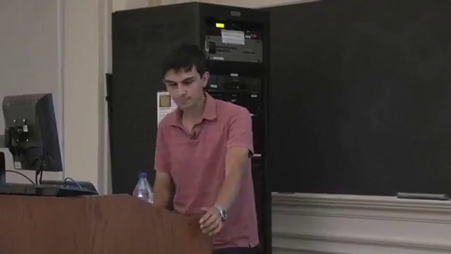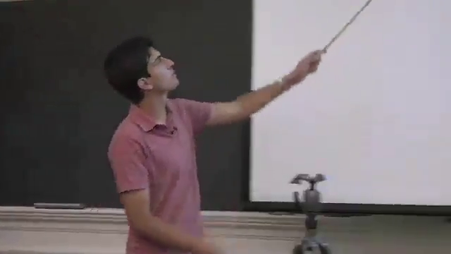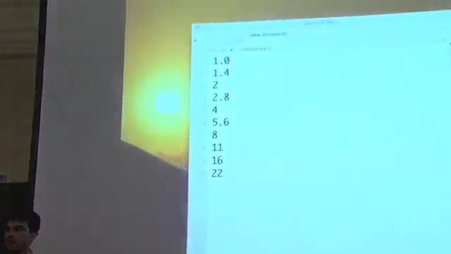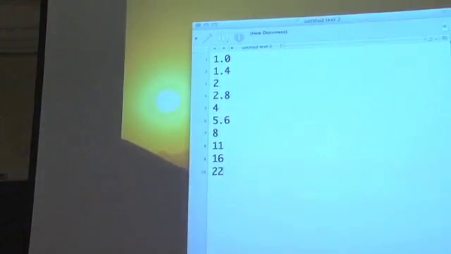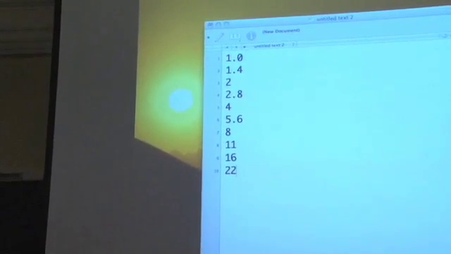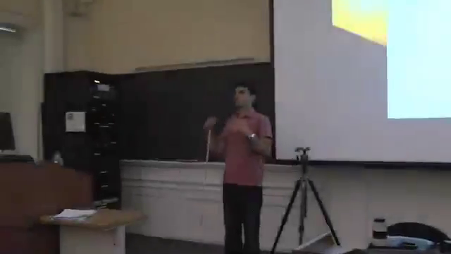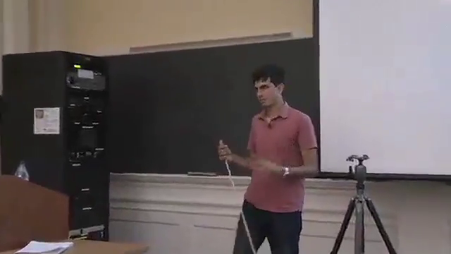But what's most important to remember, besides the trick of memorizing 1.0 and 1.4 and doubling them to get this line of F numbers, is that the lower the F number, the brighter the image.